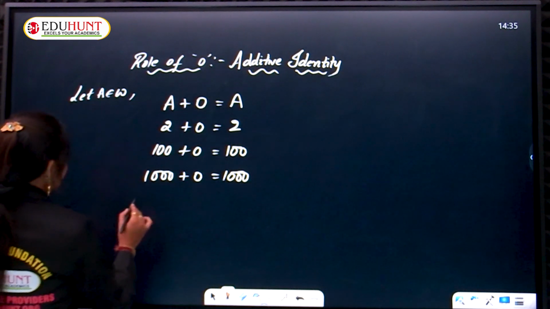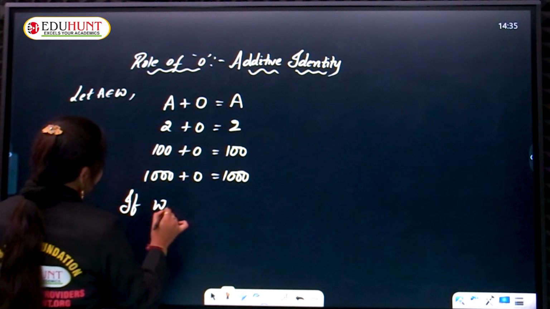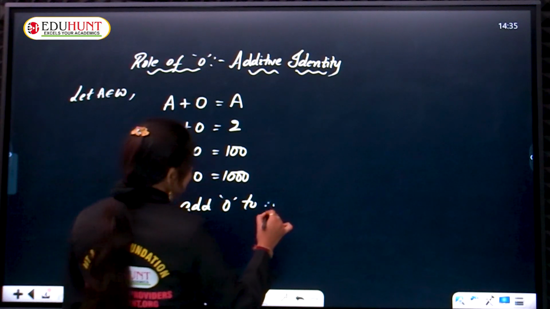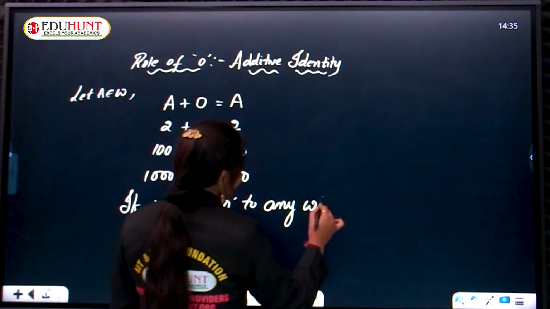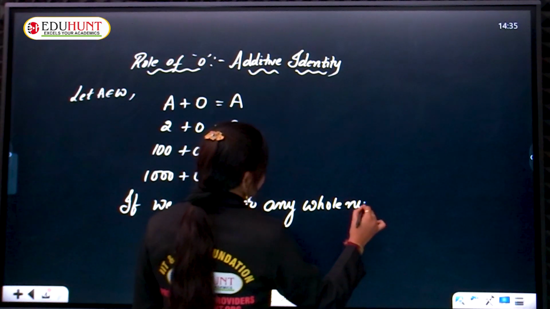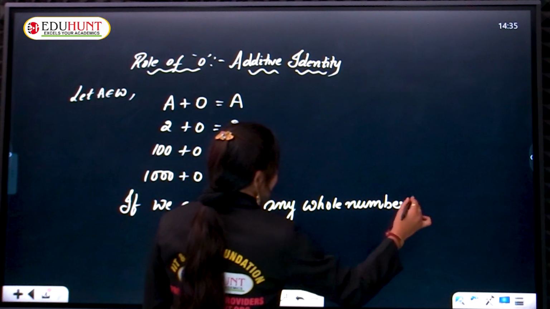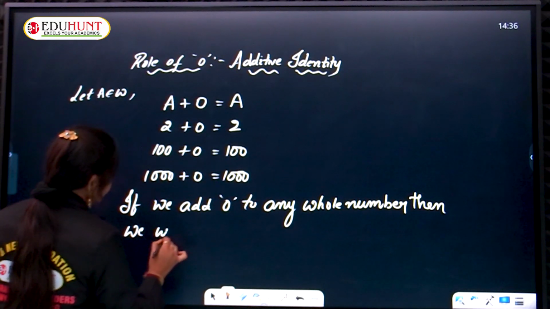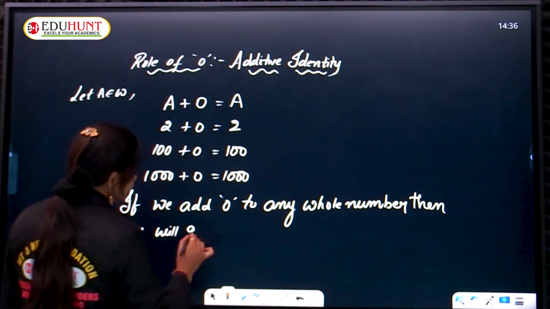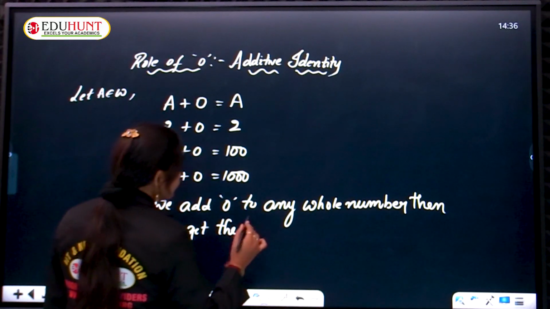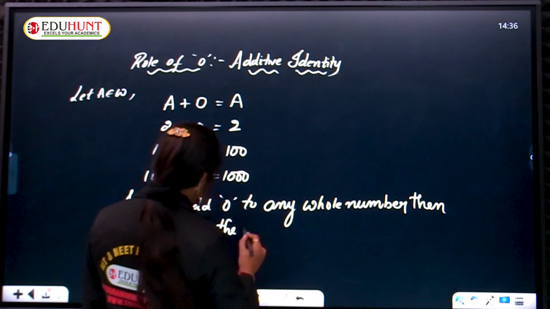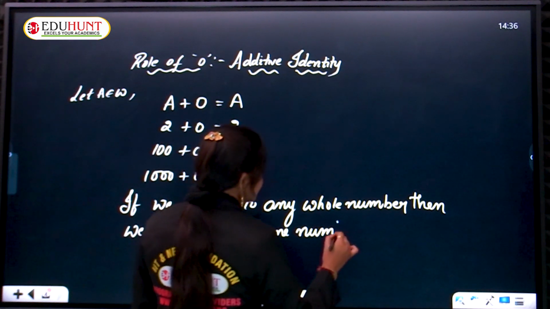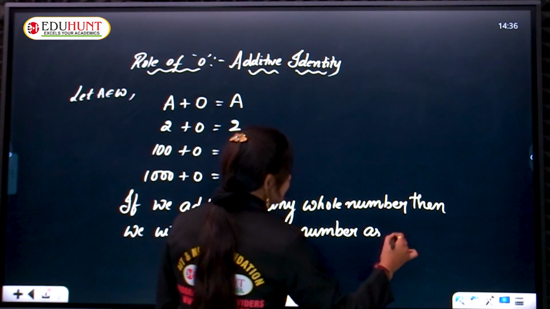Now if we add 0 to any whole number, then we will get the same number, or the number itself, as a resultant.